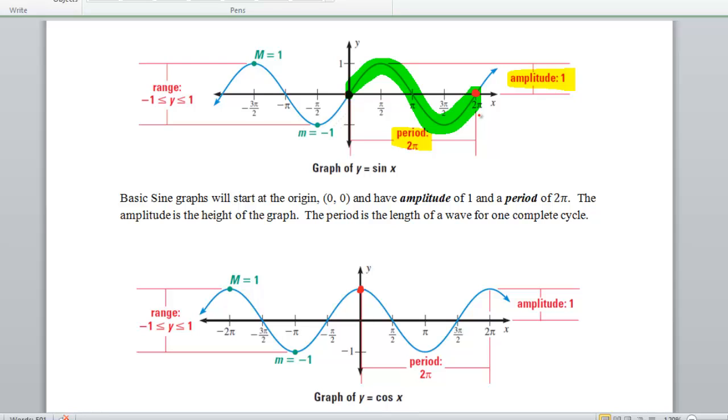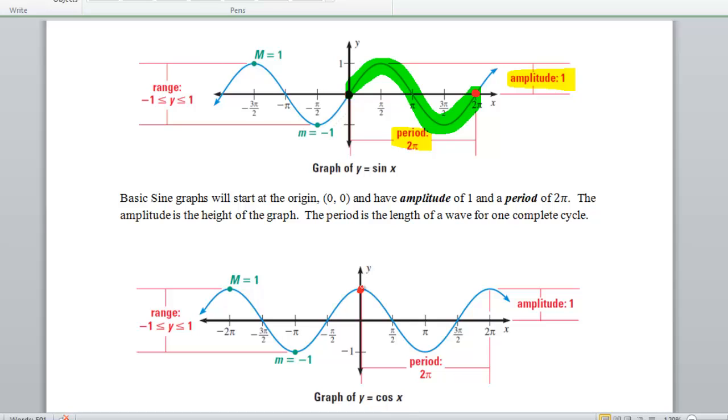So if we took the unit circle and put our point at (0, 0) and we started rolling this thing around, that point would more or less make this curve. And so we call that cycle a period. Now that period can change and the amplitude can change as well. So for a cosine graph, it's the same thing except for the fact that you're starting at (0, 1) instead of (0, 0). So keep that in mind.